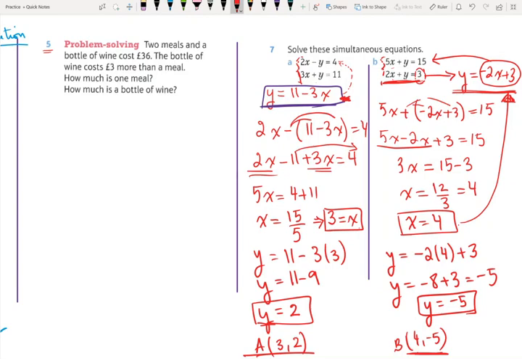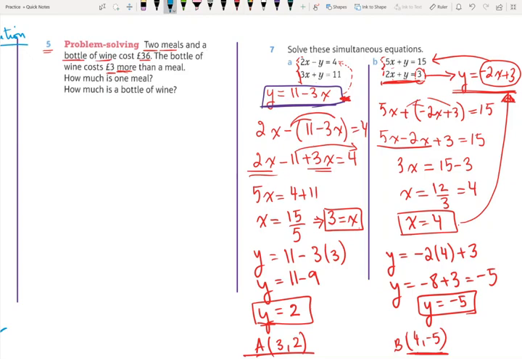So 2 meals and a bottle of wine, 2 meals and 1 bottle of wine, they cost 36 pounds. The bottle of wine costs 3 pounds more than a meal. How much is 1 meal and how much is a bottle of wine? So how much do they cost? This is what they mean by that.